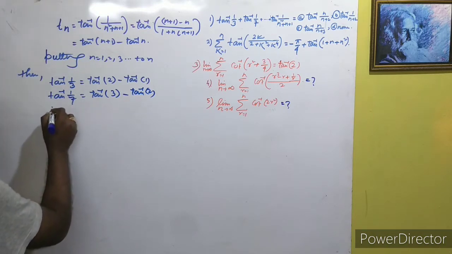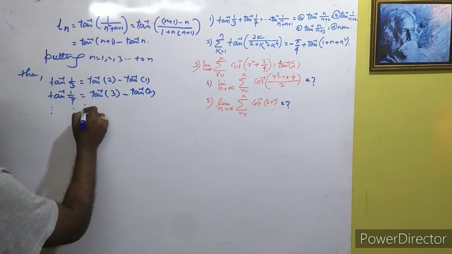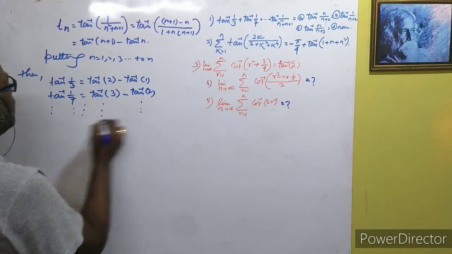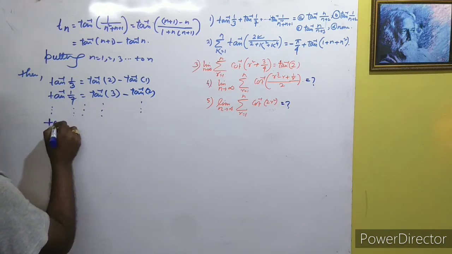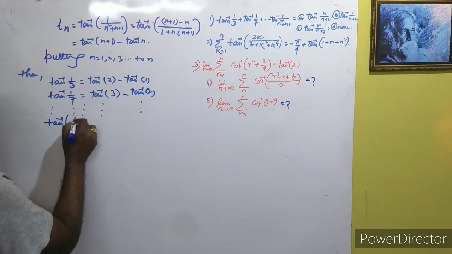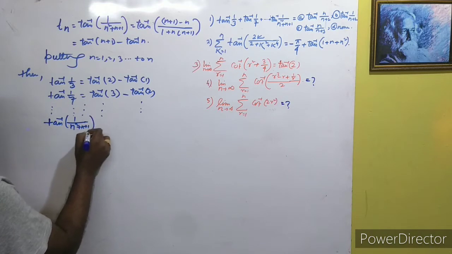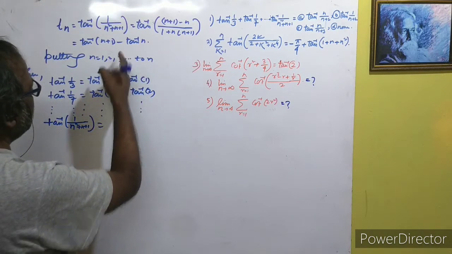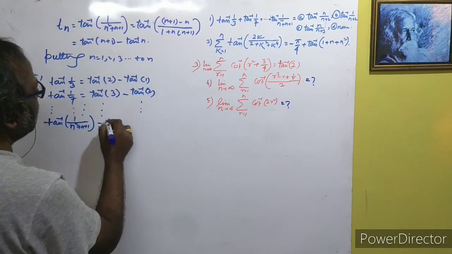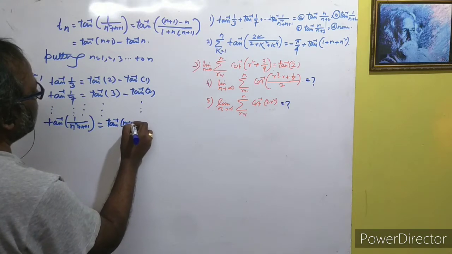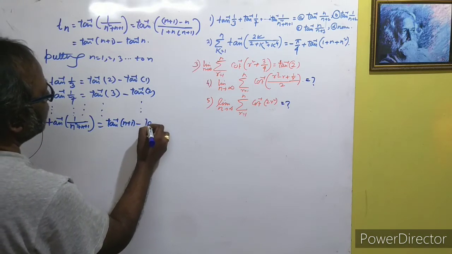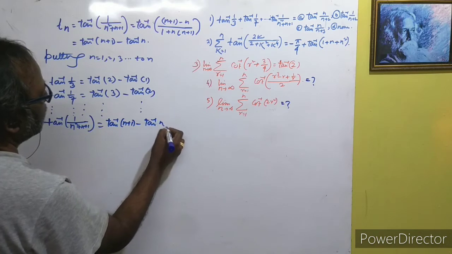In general, tan inverse 1 by n square plus n plus 1 gives tan inverse of n plus 1 minus tan inverse of n.